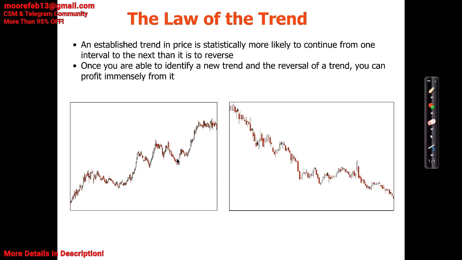It's kind of like a river current, right? You always want to swim with the current. You never want to swim against the current. And it's like one of Newton's laws, Newton's first law: an object in motion will continue in that motion until acted on by a physical force. So until the trend changes, you have to stay long on an uptrend. You want to buy and hold on the uptrend.